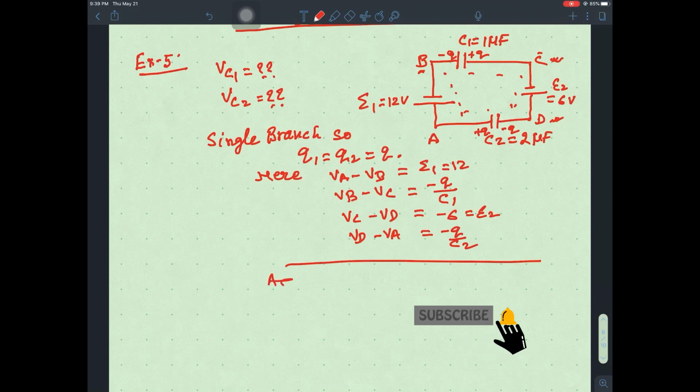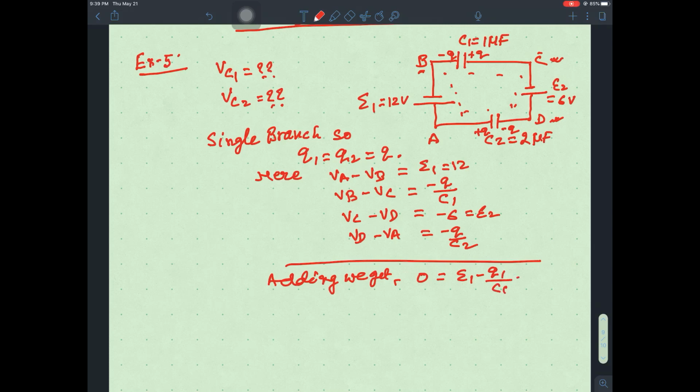Adding, we get 0 is equal to E1 minus Q1 by C1 minus Q2 by C2 minus E2.